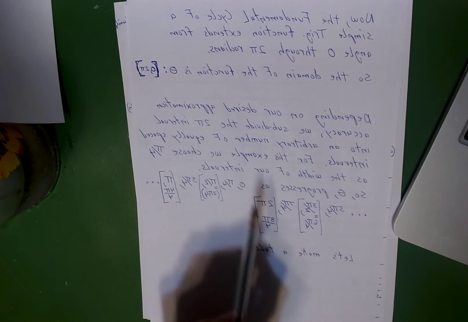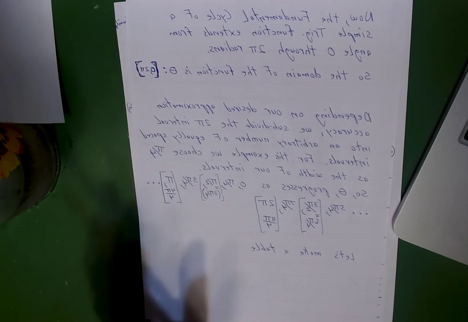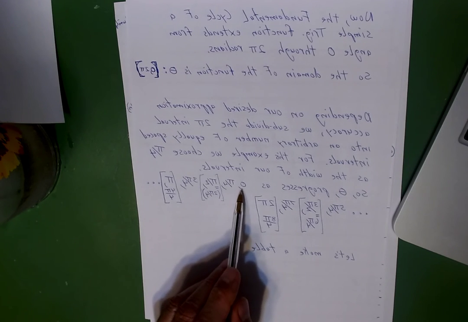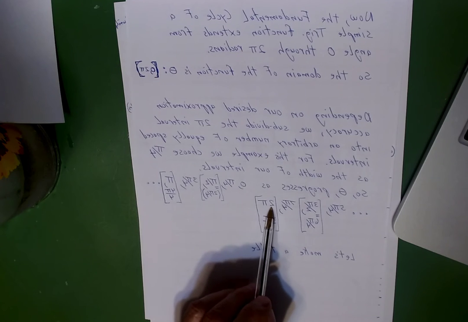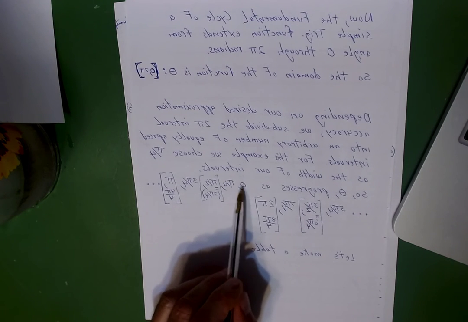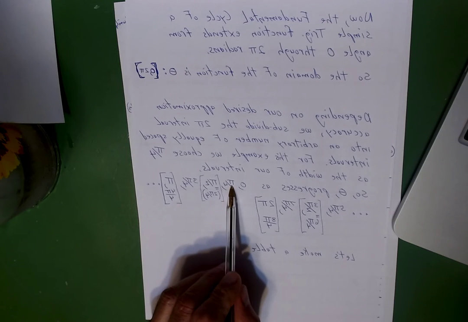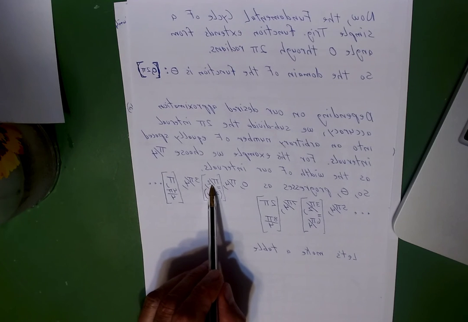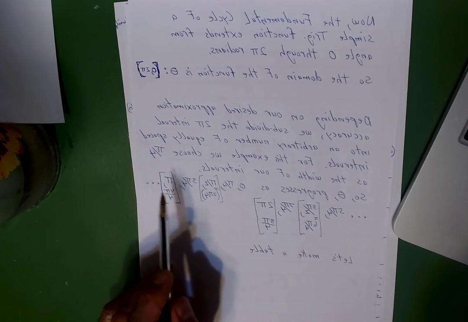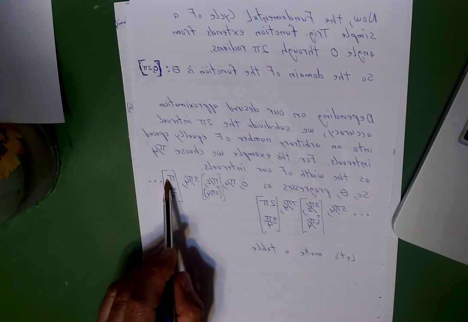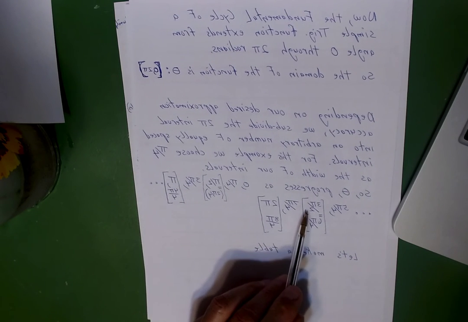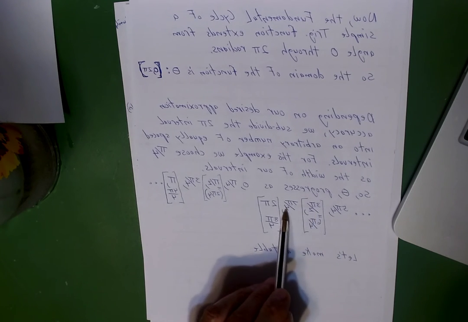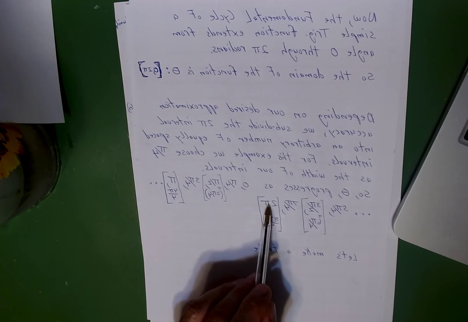Here's the progression which I showed you in that graph for sine. We're not doing sine, we're doing cosine, but it doesn't matter what the function is. We're graphing from 0 to 2 pi, and we're doing it in pi over 4 increments. So here we go from pi over 4 to 2 pi over 4, which is the same as pi over 2, to 3 pi over 4, to 4 pi over 4, which is pi, to 5 pi over 4, to 6 pi over 4, which is the same as 3 pi over 2, to 7 pi over 4, to 8 pi over 4, which is the same as 2 pi.